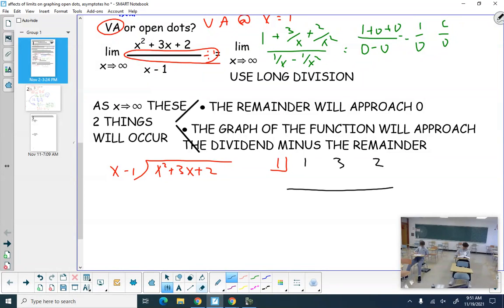I know I'm stretching the brain back to a year ago at this time. We can drop our 1, we multiply 1 times 1, 3, we get a value of 4. We multiply by 1, we get a value of 4, we get a value of 6 there.